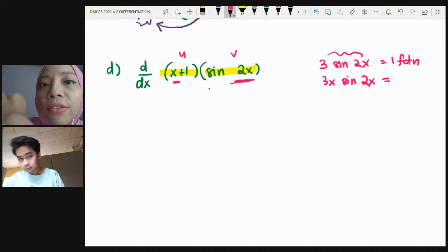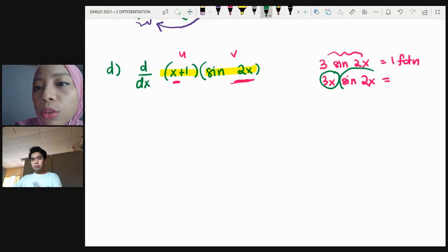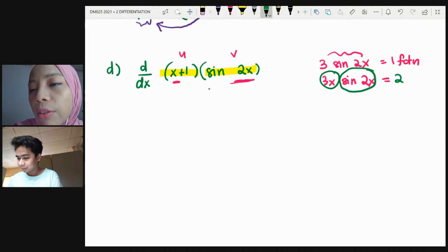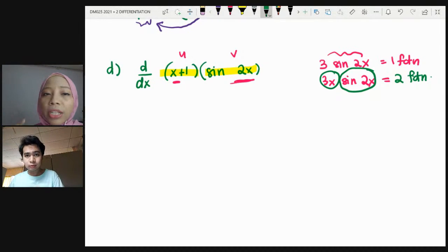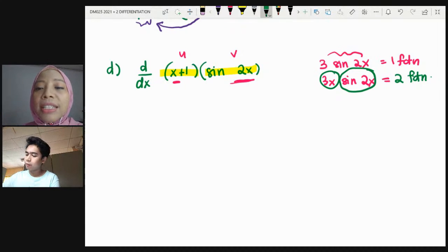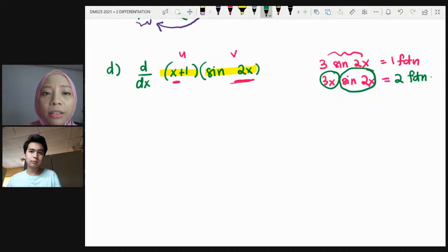Instead, we have two functions. I really hope that after many lectures, you already understand the difference between one function and two functions. Obviously, because if the question consists of two functions, you are no longer able to do a direct differentiation, but then you have to use the product rule.